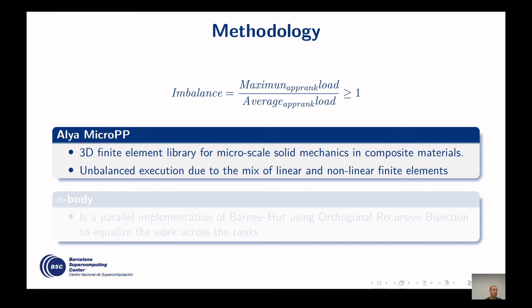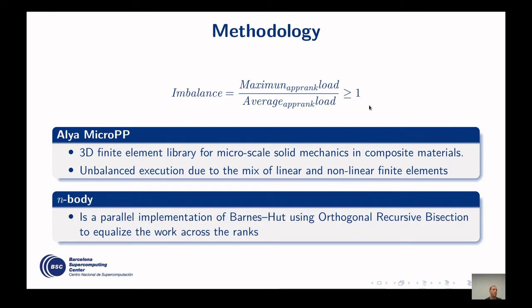On the other hand, we have the n-body application, which is a parallel implementation of the Barnes-Hut algorithm using orthogonal recursive bisection. This application is well balanced from the beginning, but in our benchmark, essentially what we did was to run it on a different machine, in this case node 3, and make one of the nodes slower than the others.